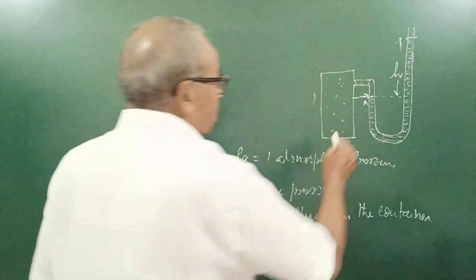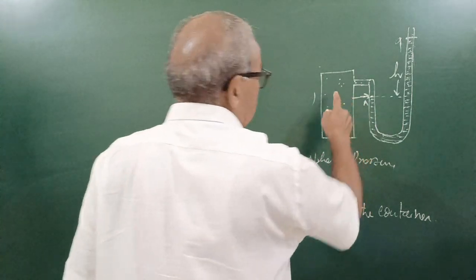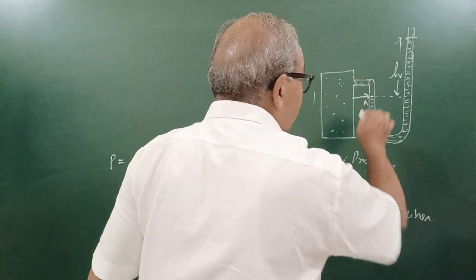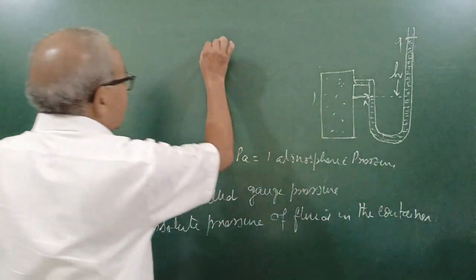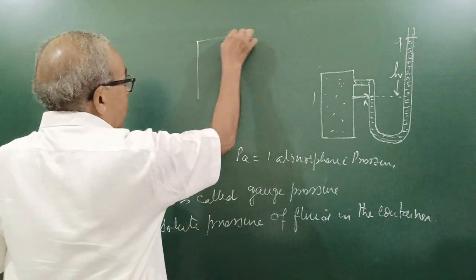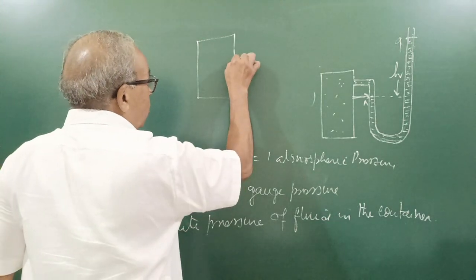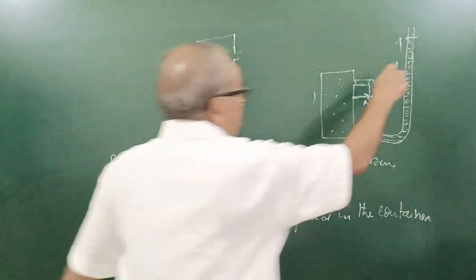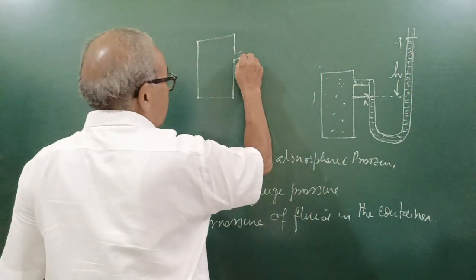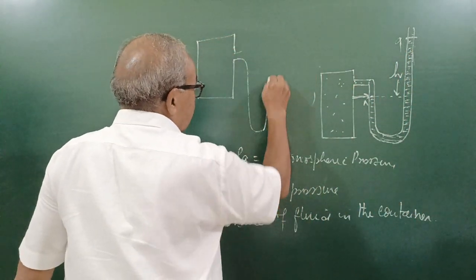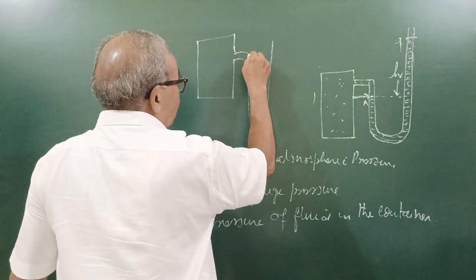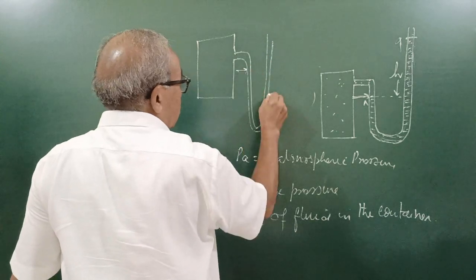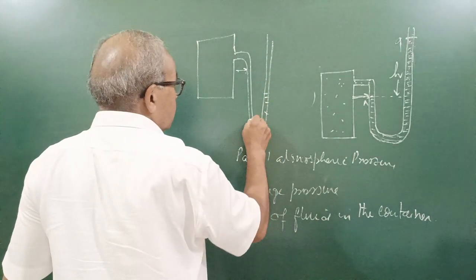But now if pressure of the fluid in the container is lower than atmosphere, then mercury will go down, but we have to maintain it here. So in that case, we have to lower this open tube like this. And then you will maintain the point A up to this point here, so mercury may go down.